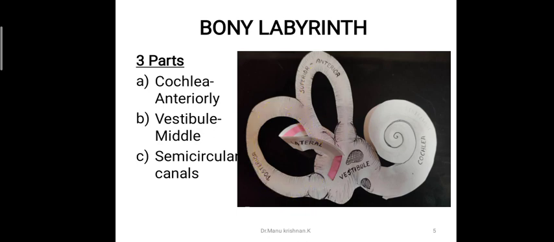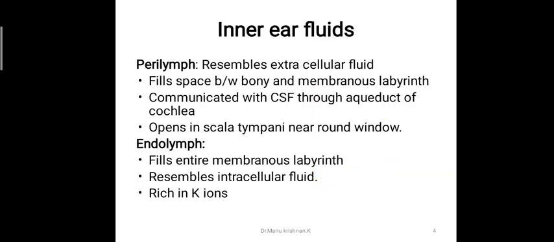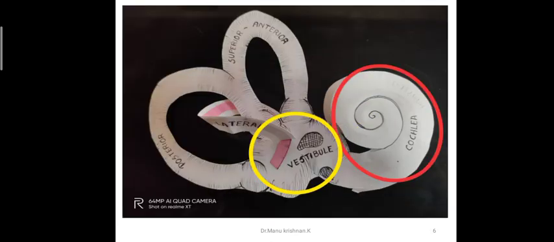Always remember, there will be some confusion at the start, but make things clear before you go to the next slide. This one over here is the semicircular canals. There are three semicircular canals here, this is the vestibule and this is the cochlea. Here is a more clarified picture with the marked areas.